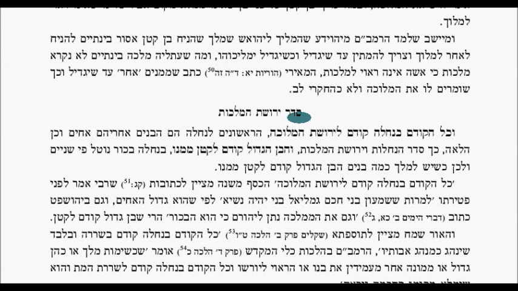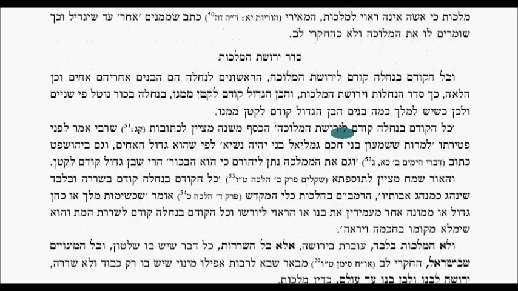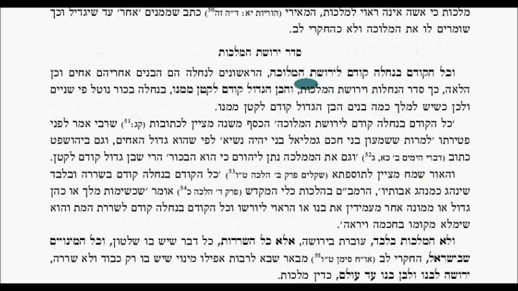The Rambam continues with the order of the inheritance of the king. The Rambam says, whoever's first inheritance, that's the order of precedence for inheriting the crown. And the older son is before the younger from him.